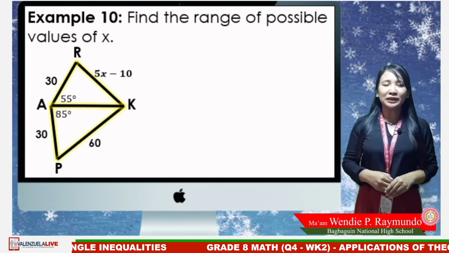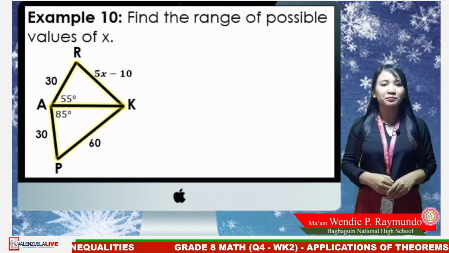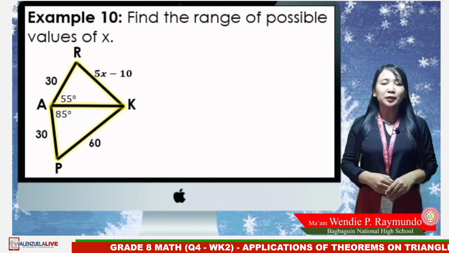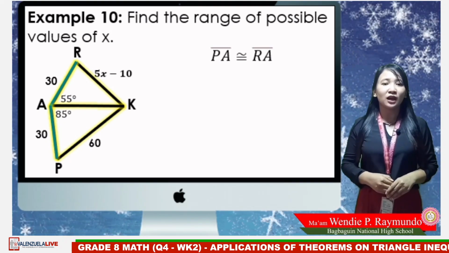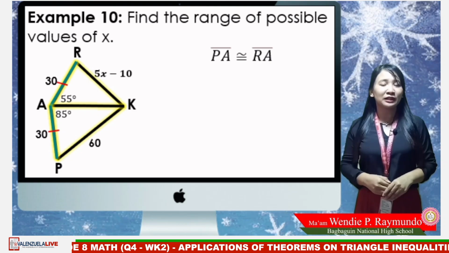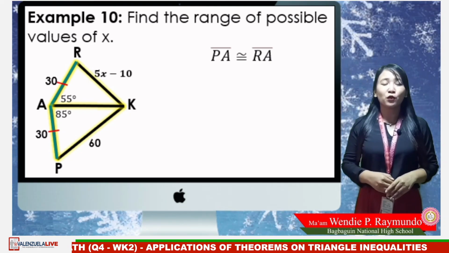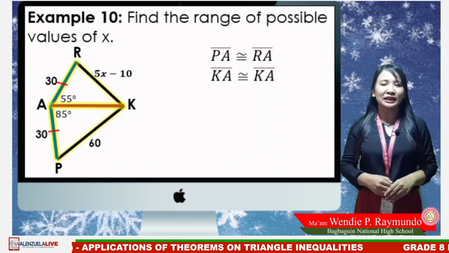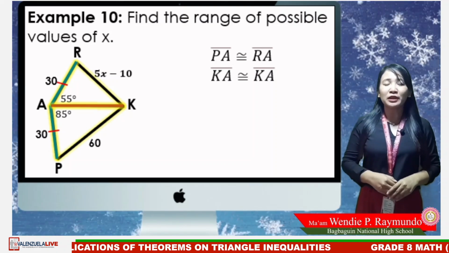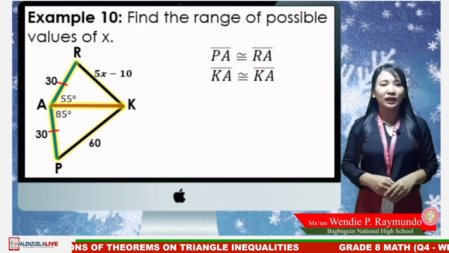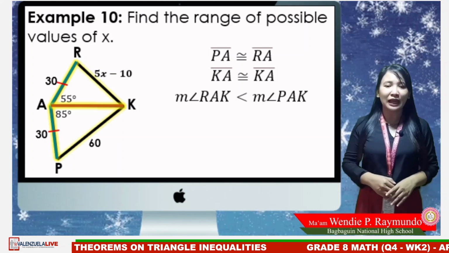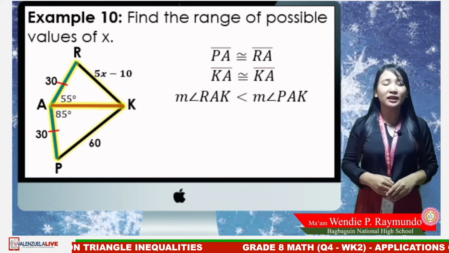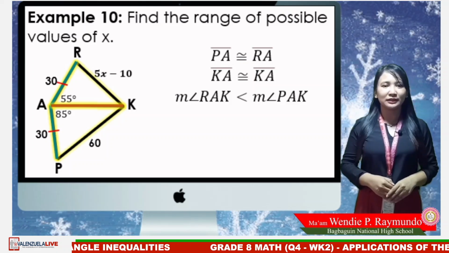In triangle PAK and triangle RAK, side PA is congruent to side RA. And by the reflexive property of congruence, side KA is congruent to side KA. Since measure of angle RAK is less than measure of angle PAK, then RK is less than PK.